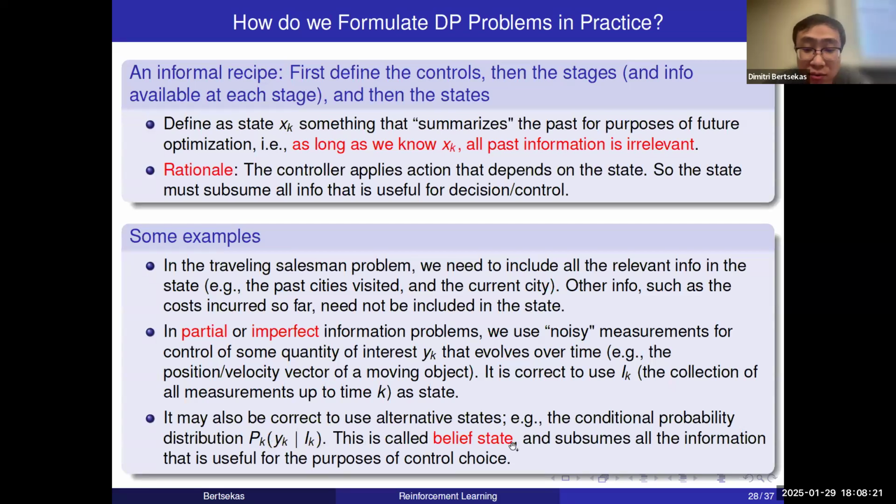This is called the belief state, and it subsumes all the information that is useful for the purpose of control choice. So those are the alternatives of state choice.